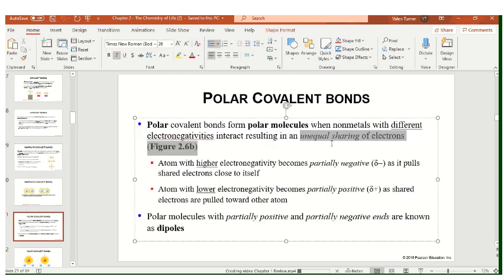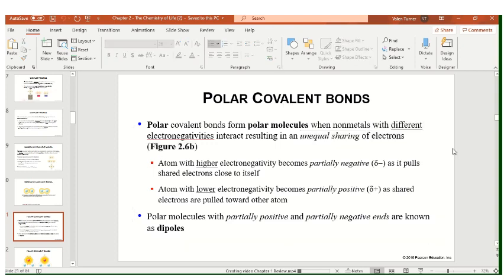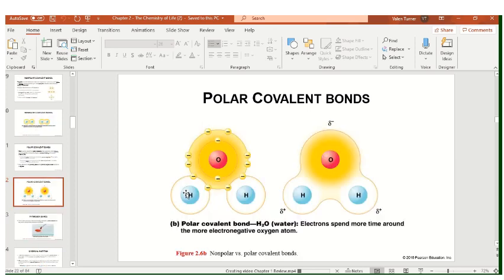On the other hand, you could share unequally. If you have unequal sharing of electrons, that's a polar covalent bond. And if you have unequal sharing, there's going to be an atom that's going to have more electrons because it's not sharing them equally. It will have more of those negatively charged electrons, so you will see a negative charge.